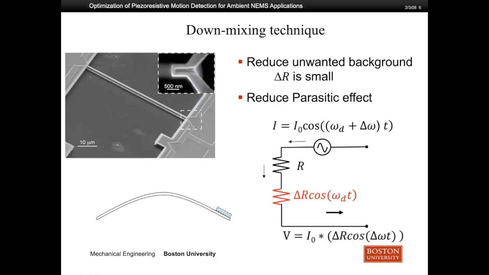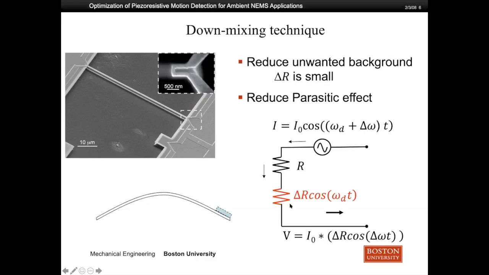The reason for using this down-mixing technique is that the metallic thin film and the nearby ground can form parasitic capacitance, and any high frequency signal in the detection circuit will be cut off to reduce this parasitic effect. What we did is apply a current with a frequency different from this omega d.